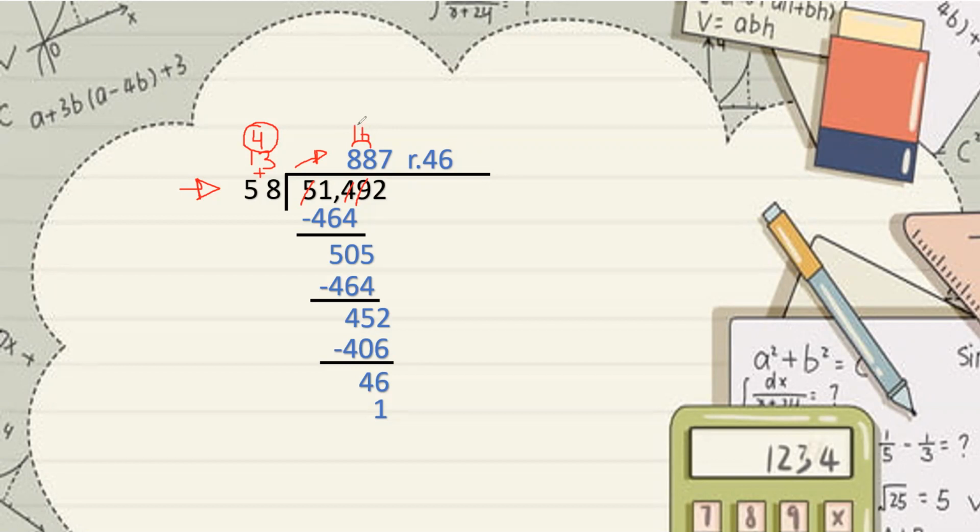But in this case, we are going to say 1 plus 6 equal 7. Now, 7 plus 7 equal 14.